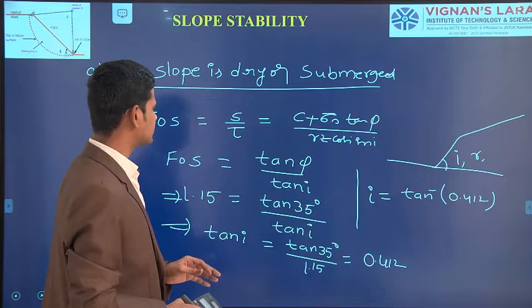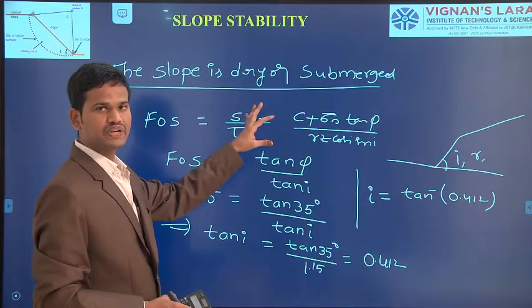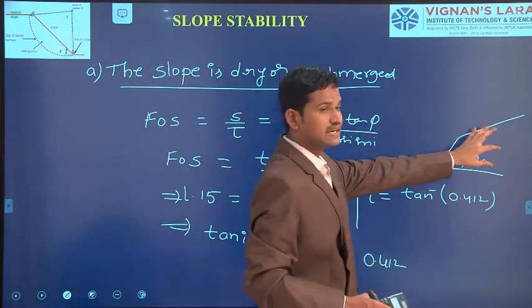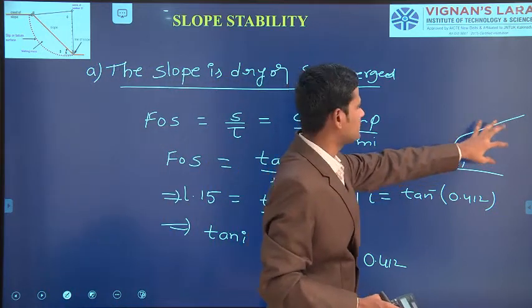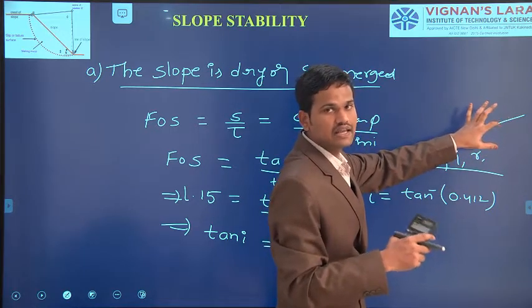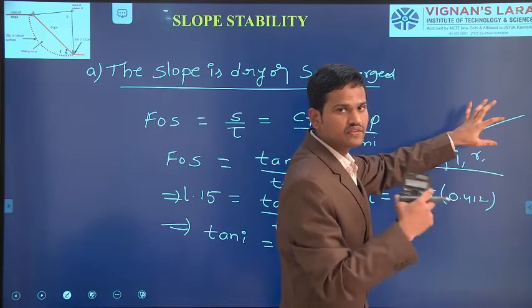If you consider our first condition, we have taken the soil mass when the slope is in a dry condition or completely filled with water. In those conditions, we calculated the safe inclination of the slope.